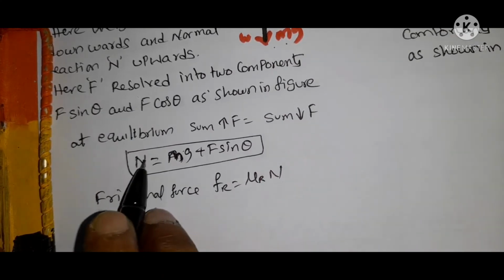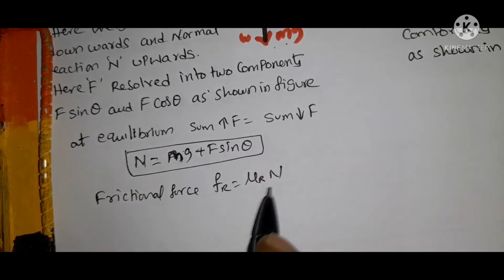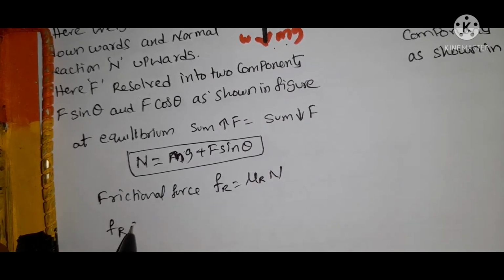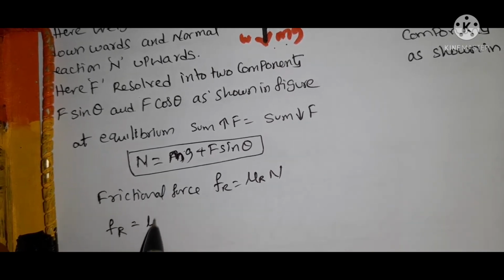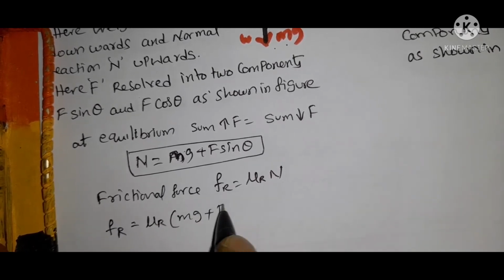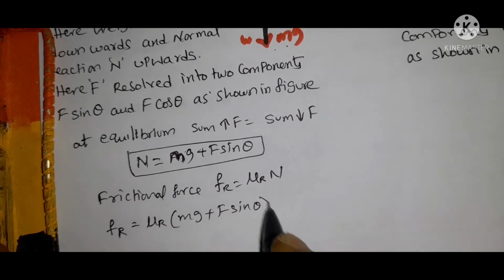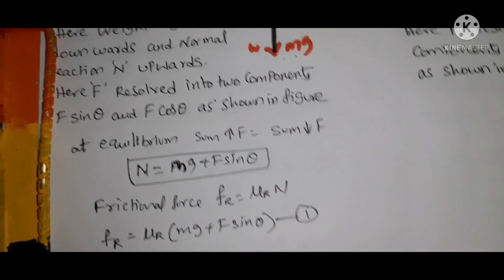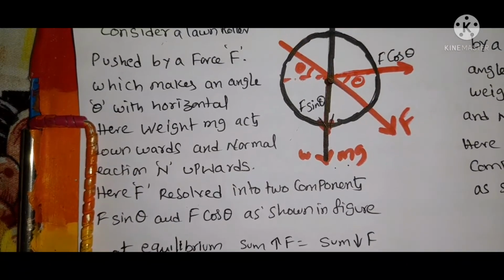Substituting N as mg plus F sin theta, the rolling friction is mu r into (mg plus F sin theta). Let this be equation number 1. This is about pushing.